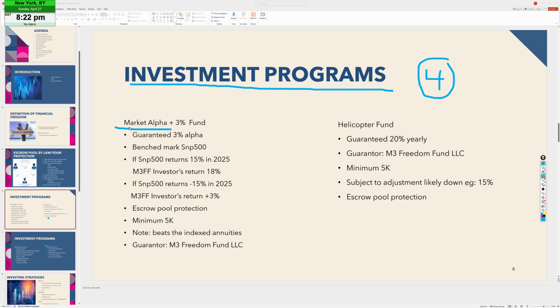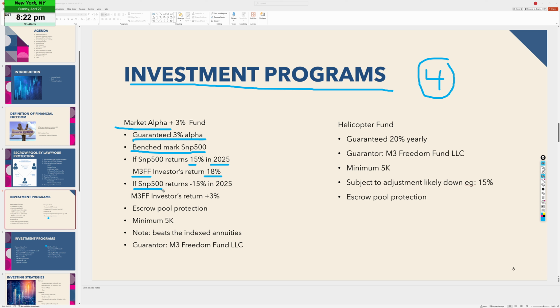So we have a fund that we are going to be calling the Market Alpha Plus 3. What is that fund? That fund guarantees you 3% alpha. What does that mean? It uses the S&P 500 index as a benchmark. So if the S&P 500 returns 15% in 2025, you as an M3FF investor get 18%.